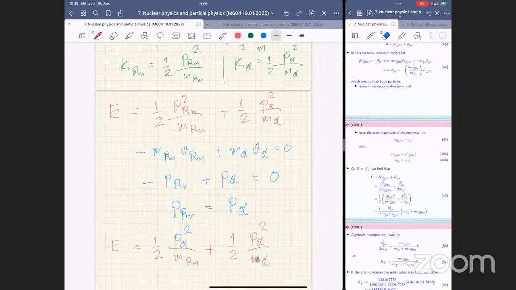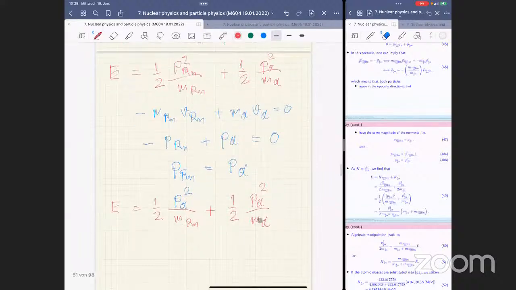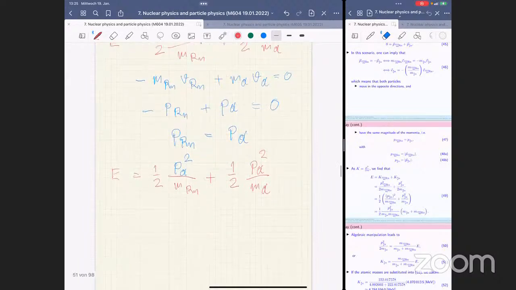This is the mass of radon, this is the mass of the alpha particle. Now we have a common factor, which is 1/2 and P alpha squared. Now we use mathematics skill, and it's up to you whether you have good enough mathematics skill or not. That's the next thing we are going to do. Now we move the common term, which is P alpha squared.